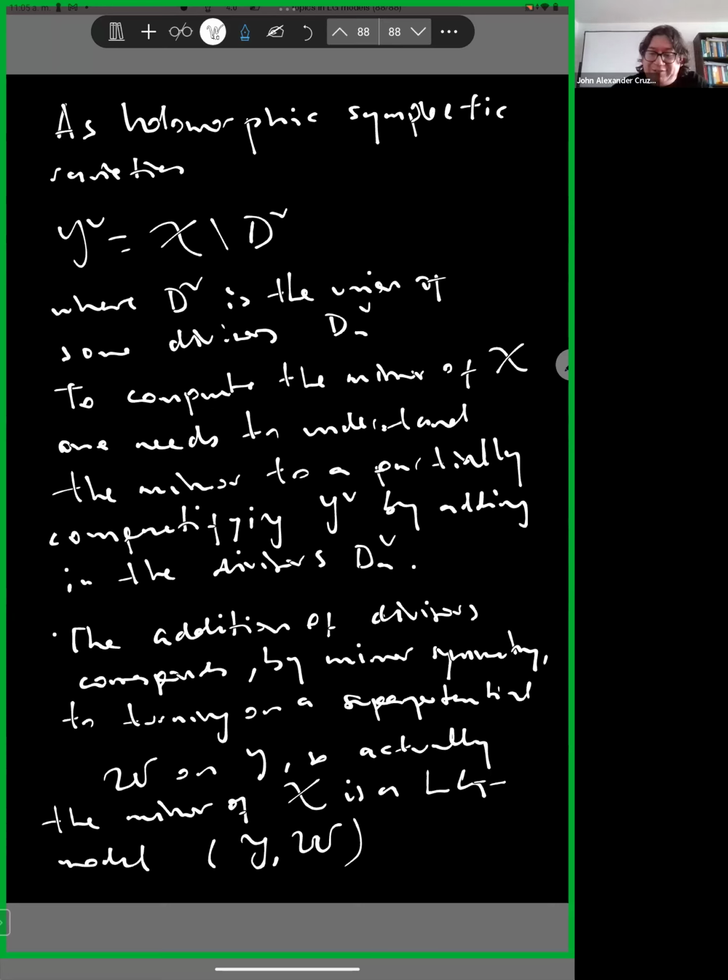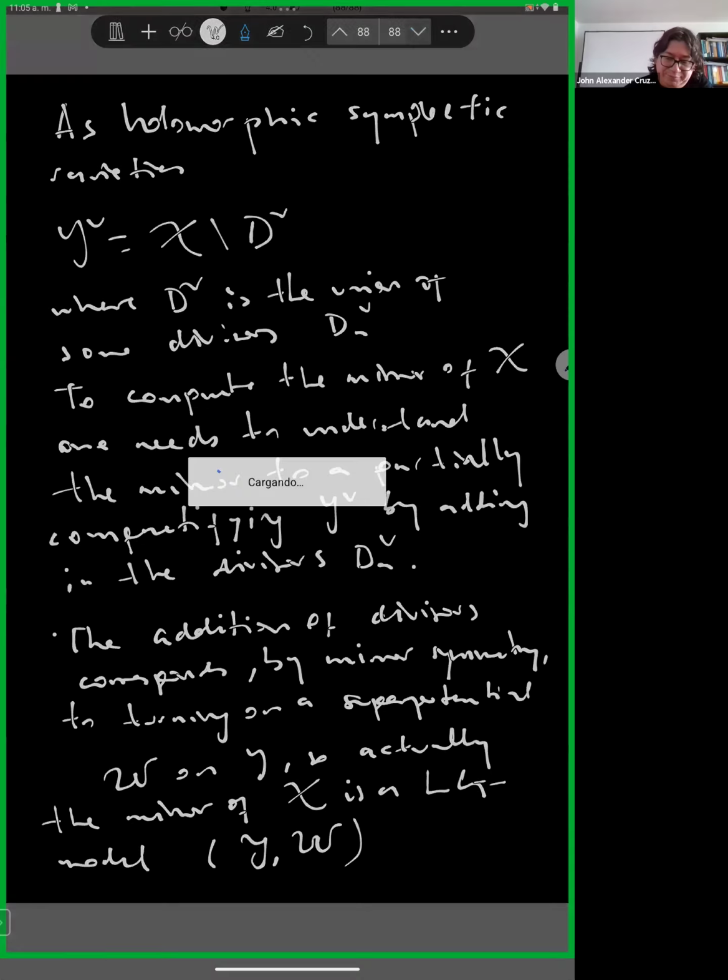This is what we call the upstairs mirror. So far, not yet twisted masses, right?